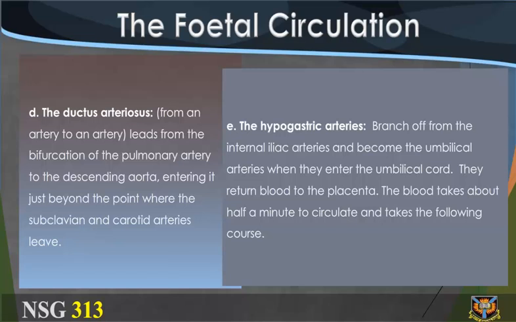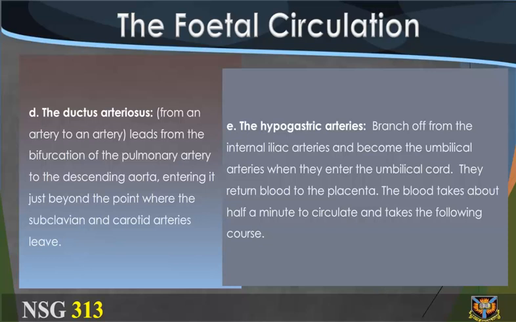D. The ductus arteriosus, an artery to artery connection, leads from the bifurcation of the pulmonary artery to the descending aorta, entering it just beyond the point where the subclavian and carotid arteries leave.